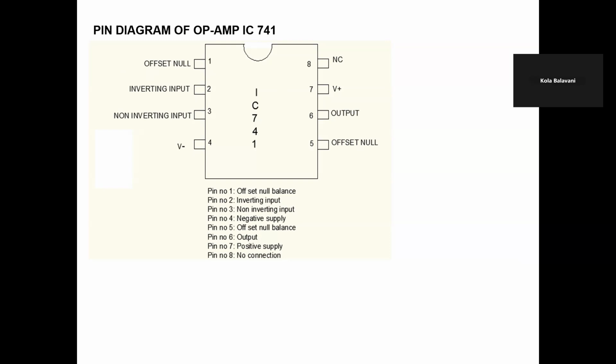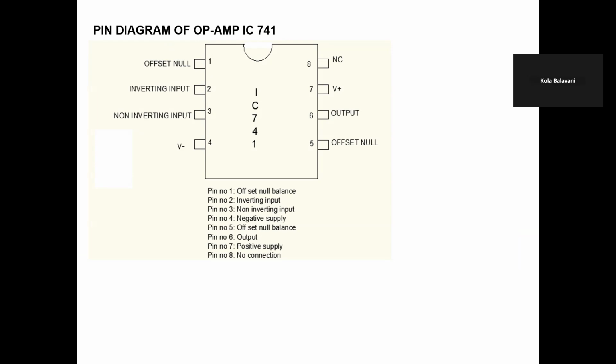By adjusting these pins, we nullify the voltage present at the output. Whenever we are not applying any input voltage, it may still produce some output voltage. But by using a potentiometer across the fifth pin and first pin, we can nullify the output voltage. The next pin, the second, is the inverting input terminal.